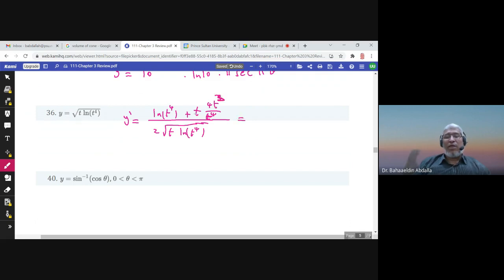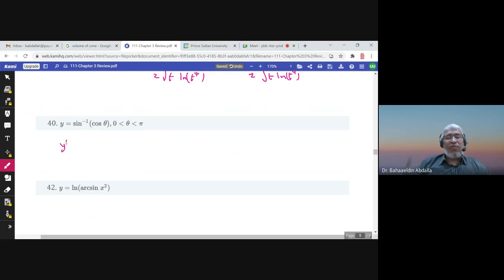And t cubed times t would be t to the power 4, so they will cancel with each other. This with this with this. And I have 4 plus ln t to the power 4 over 2 times the square root of t ln t to the power 4.